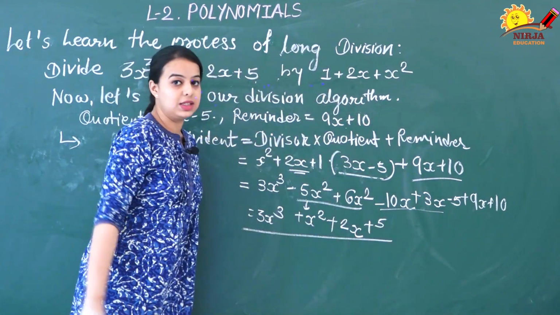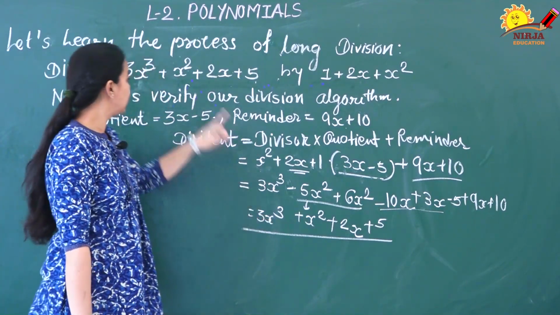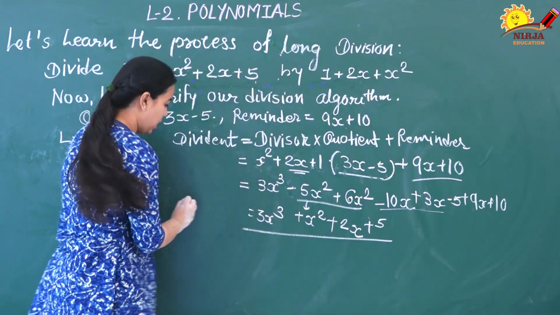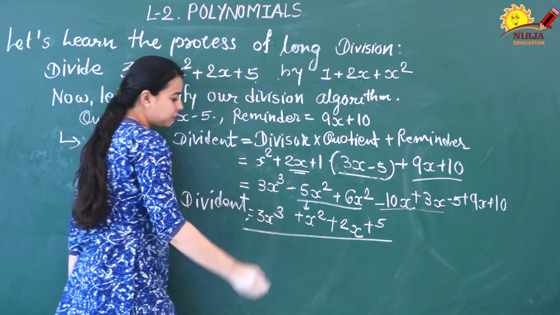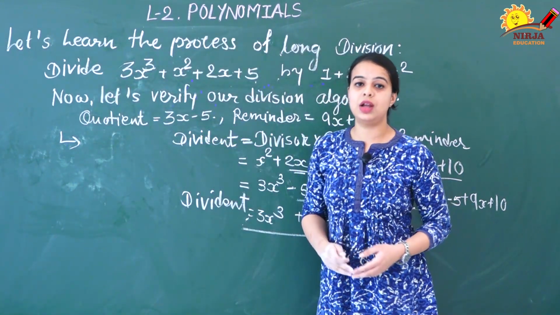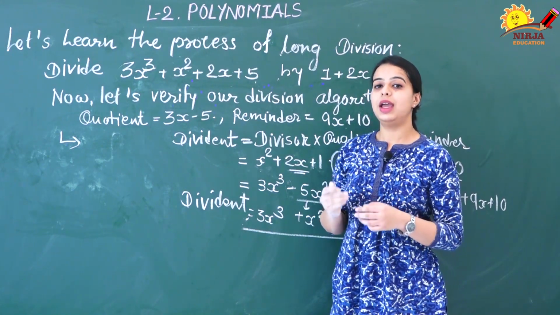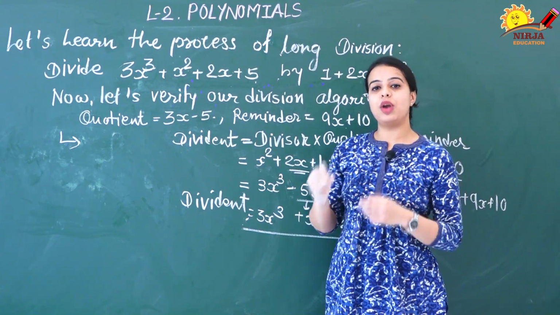So, as you can see, we got our dividend 3x cube plus x square plus 2x plus 5. So our division is right. My dear student, this is the way you can divide any polynomial by another polynomial. Now, let us see one more example.